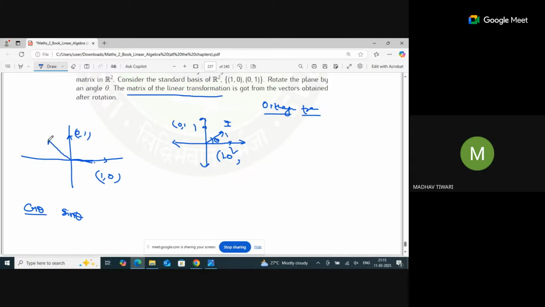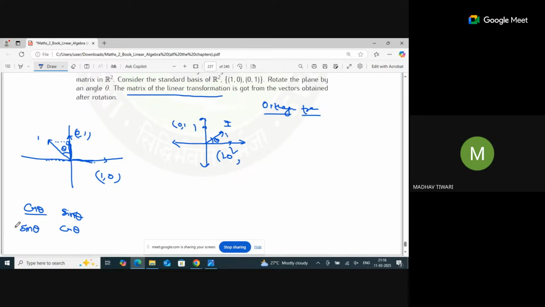I will tell you what happens when we rotate it clockwise. So here I will have this vector. Now if I find its projection here, its y coordinate will be cos theta, right? You can see it is a triangle and its length is also 1. So this part will be cos theta. And what will be this part? It will be sine theta, right?